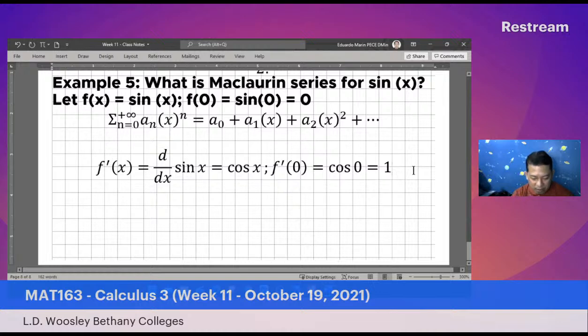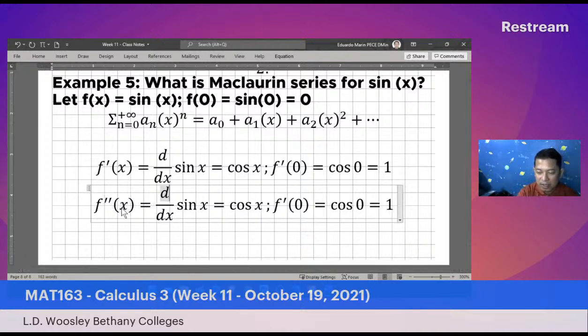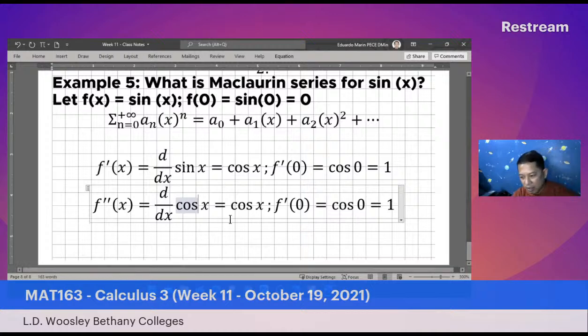Okay. So, titingnan. May pattern naman to. Huwag tayo mag-alala. So, f double prime now, or the second derivative, is actually the derivative of the derivative. So ito ay derivative of the derivative. Tama? So instead of sine of x here, kukunin natin yung derivative ng cosine kasi siya yung sagot dun sa una. And you know what's the answer here is negative sine of x.